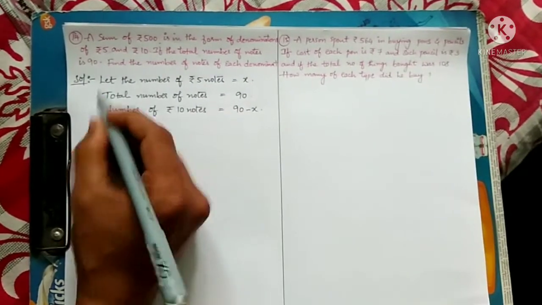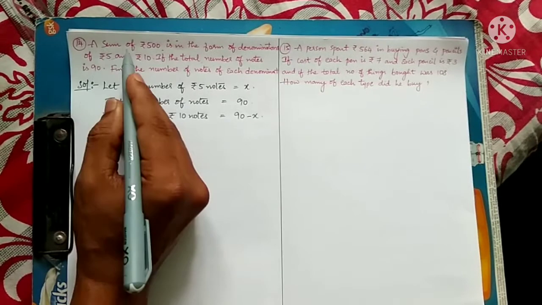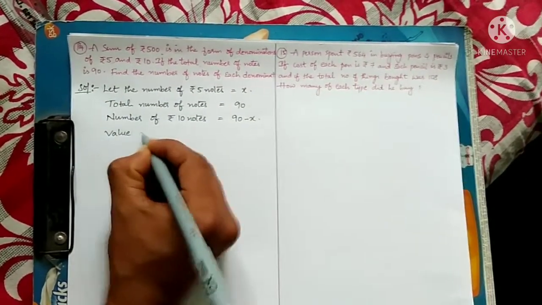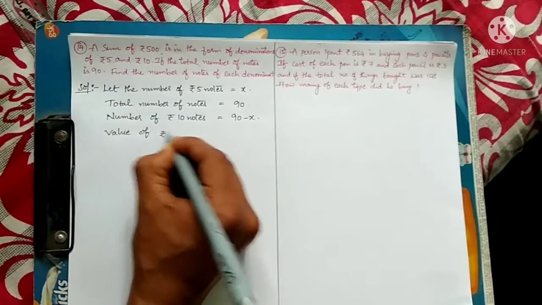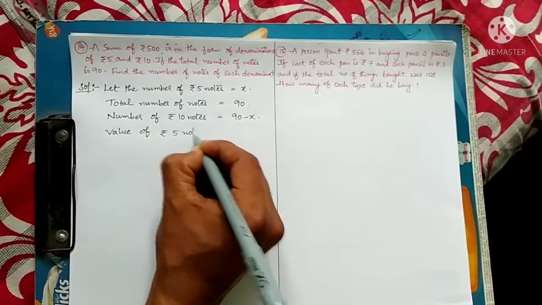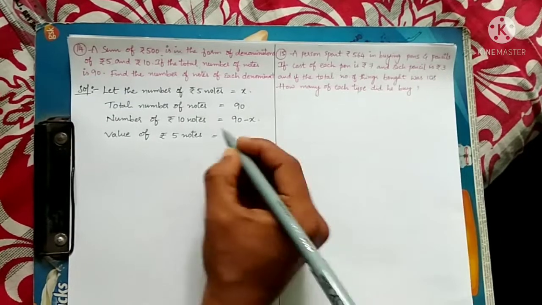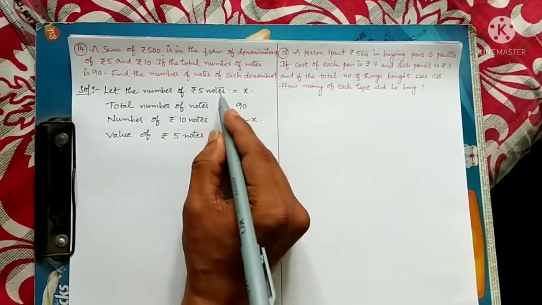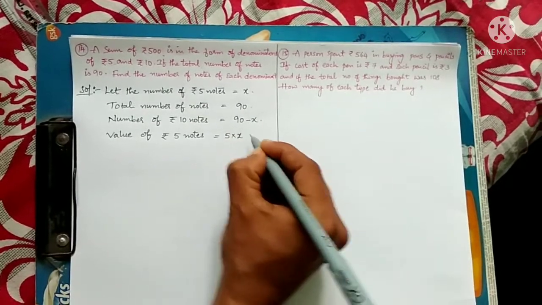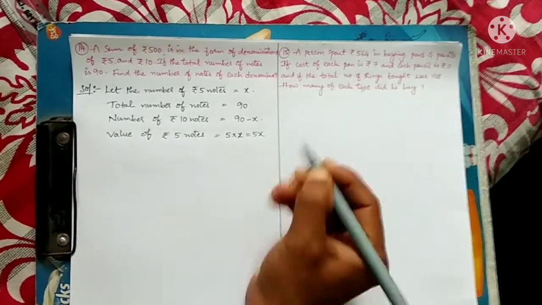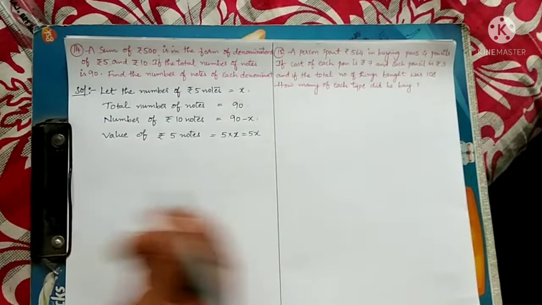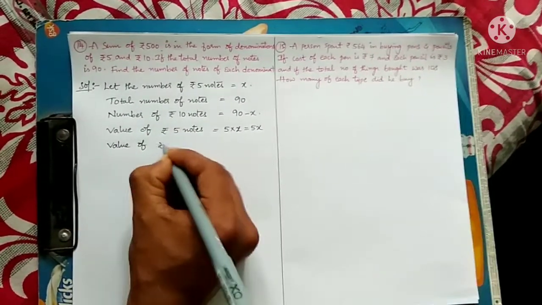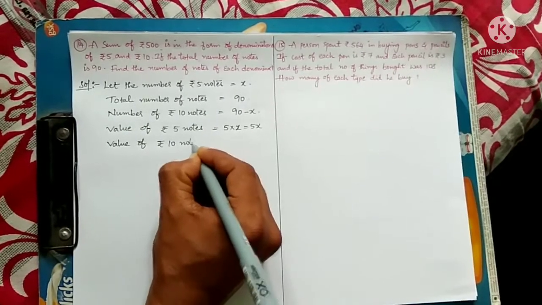Next, now we write the value of rupees 5 notes. The value of rupees 5 notes is 5 into the number of 5 rupees notes, which is x, so 5 into x is 5x. In the same way we write the value of rupees 10 notes.